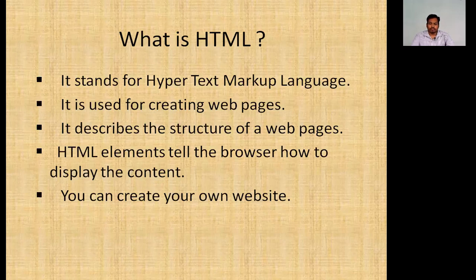What is a browser? Browsers are the software through which you can access web pages or websites. Can you give me an example? Mozilla Firefox, Google Chrome, Internet Explorer. All these are browsers. Whenever you want to access the internet, whenever you Google something, you click on the browser.